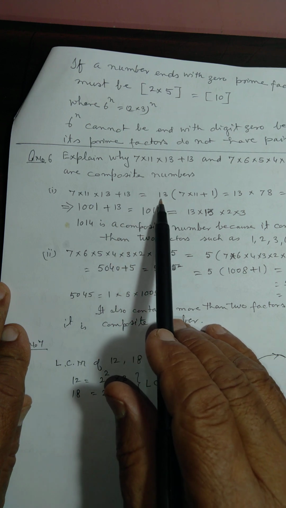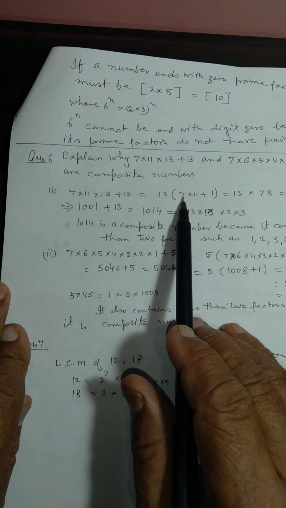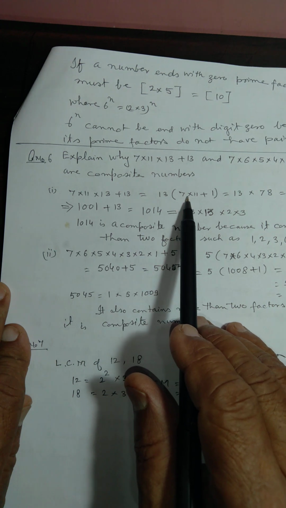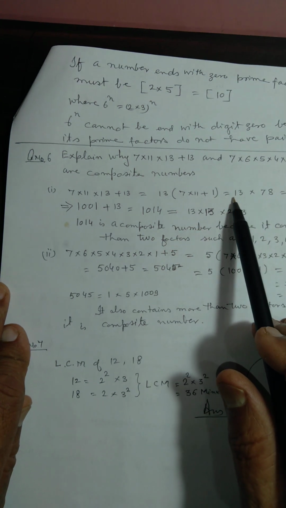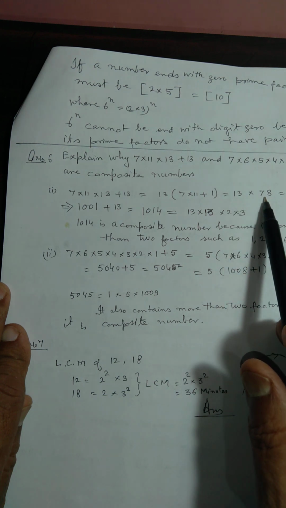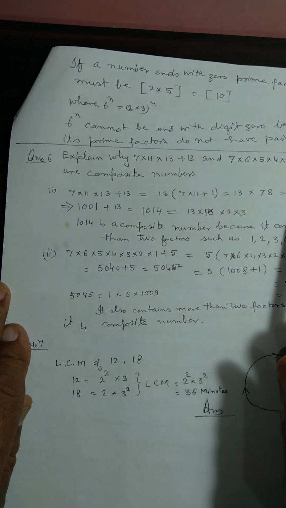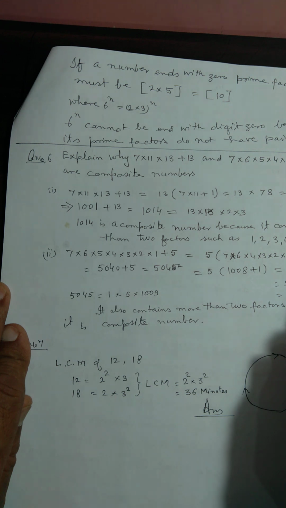I have taken 13 common, so we are left inside the bracket with 7 into 11 plus 1. If you solve it, you will get 13 into 78, which is equal to 13 into 13 into 2 into 3.